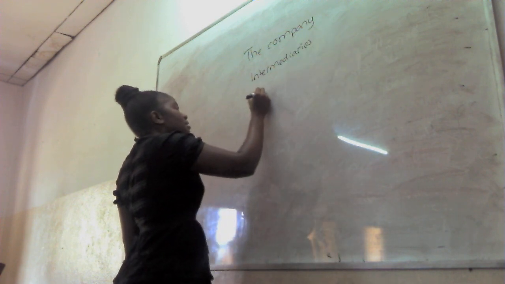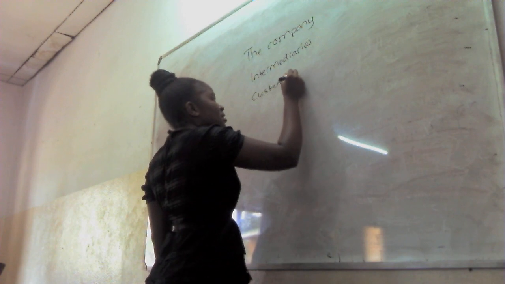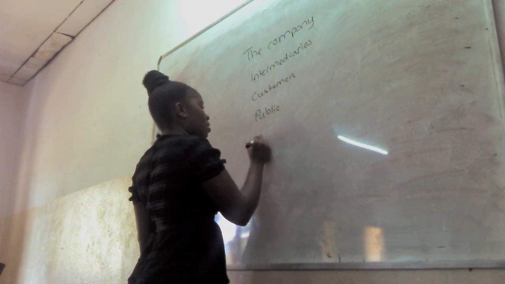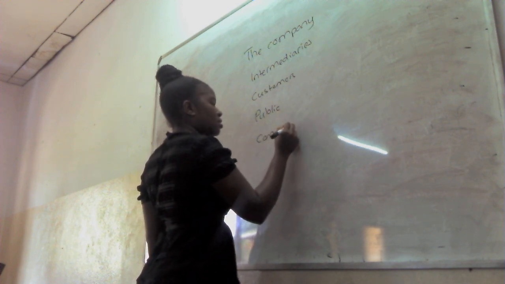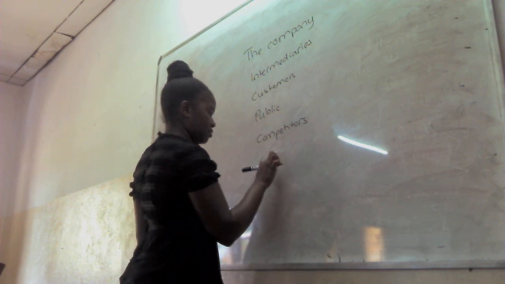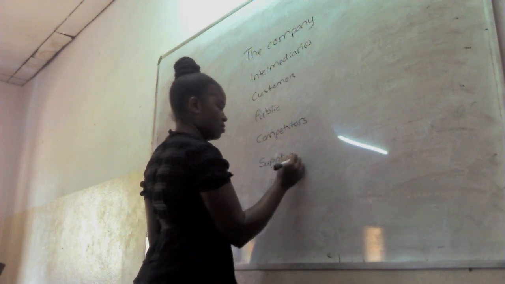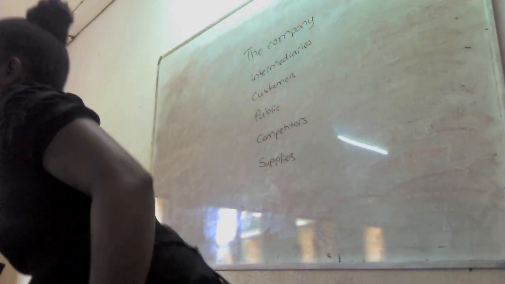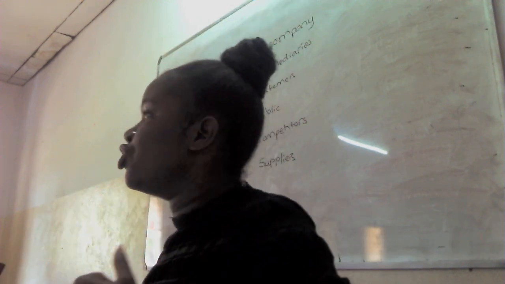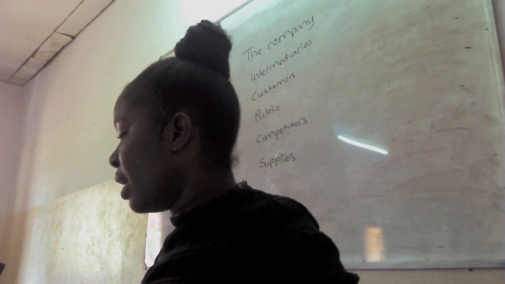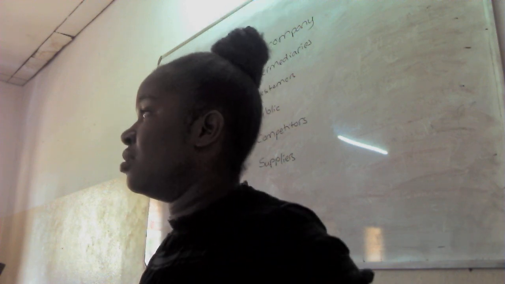The third is customers, the public, competitors, and suppliers. So these are the components of the microenvironment. These things are said to affect the operations of a business. One way or another, they can affect the business.